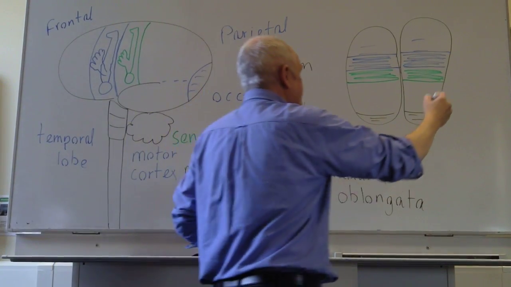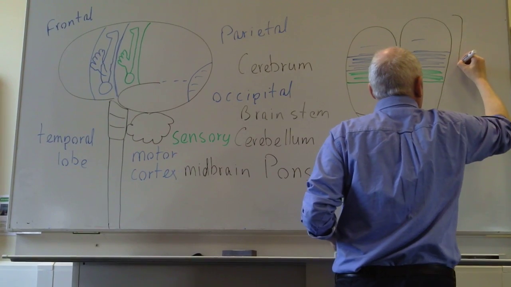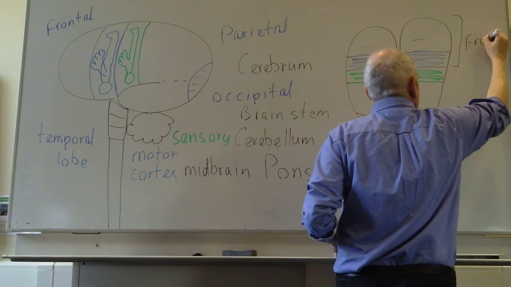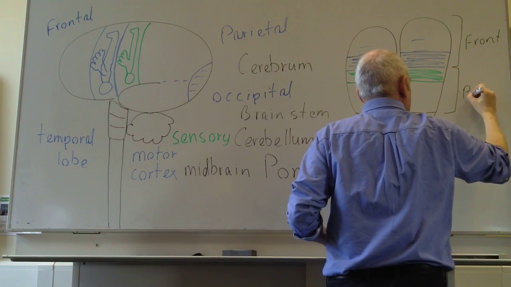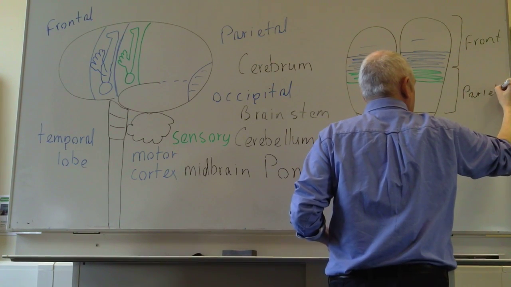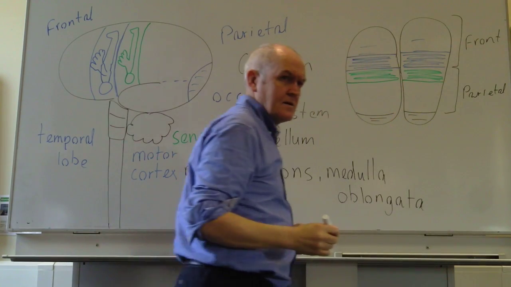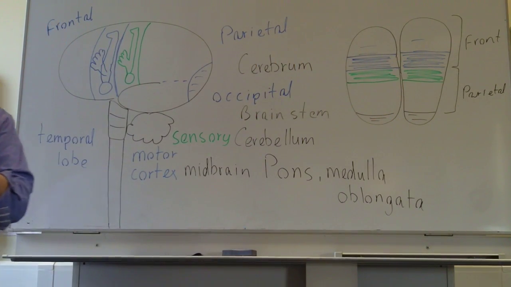So that bit there is the frontal lobe. And that bit there is the parietal. So the motor cortex is in the frontal, the sensory cortex is in the parietal.